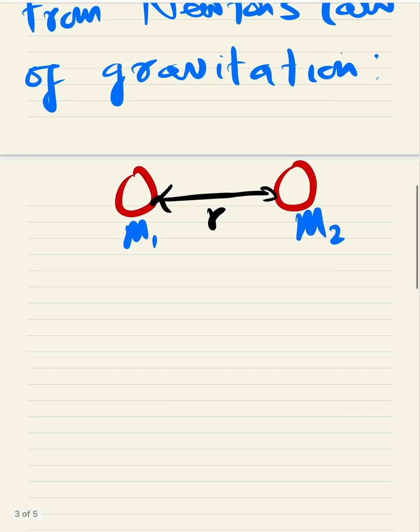Then we say the force of attraction between these two masses, m1 and m2, separated by a distance r, is directly proportional to a particular force as well, right? So the combined formula is something like this. The force of attraction F is directly proportional to the first mass, right?